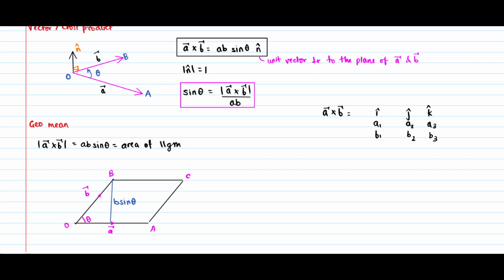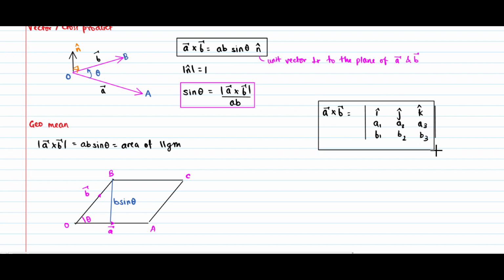You have this, but it still doesn't tell you what to do. It will make sense if I put this symbol, which means I need to find the determinant of this matrix. This formula is also pretty important. It's not as intuitive as the dot product, even though it is intuitive, but it's not that intuitive. Okay, now let's go on to the physical meaning as well.